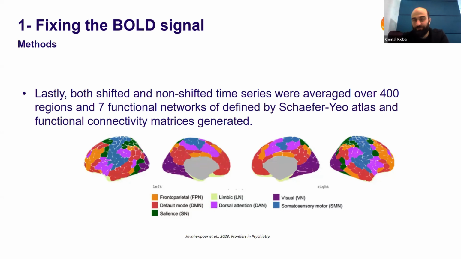So in this atlas, we divide the brain into 400 regions, and each region corresponds to one functional network. So each subject now has 2 connectivity matrices, one from corrected time series, one from non-corrected time series.